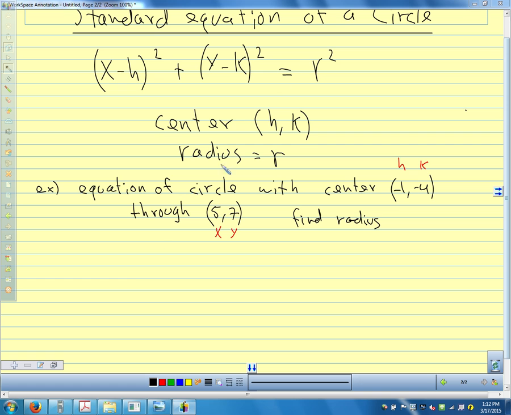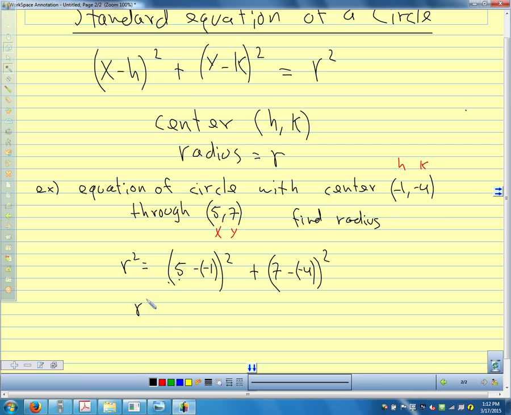So let's plug this in. I'm just going to plug it straight in here. So this tells me r squared equals x minus h. So 5 minus -1 squared plus y minus k. So 7 minus -4 squared.